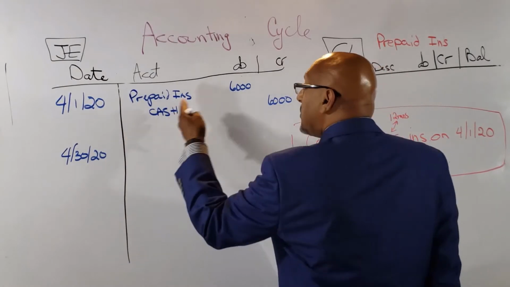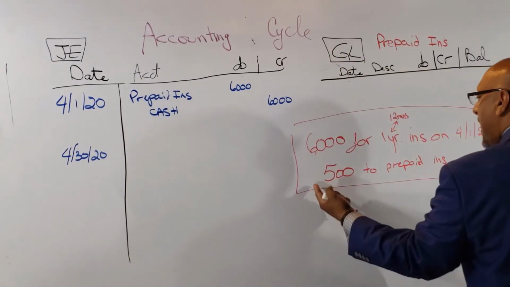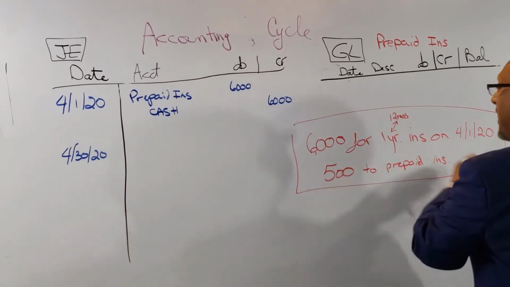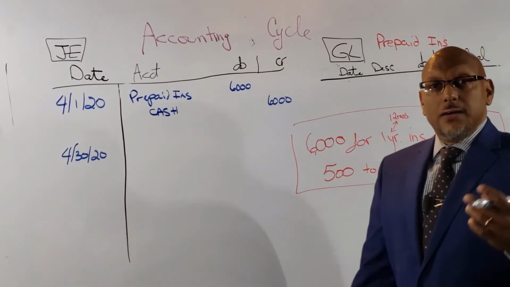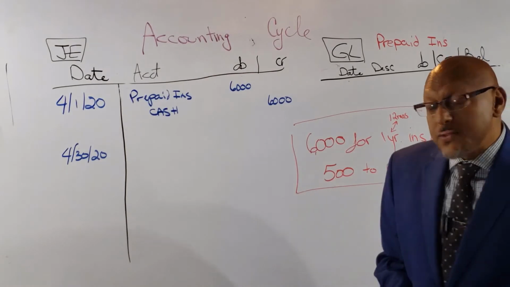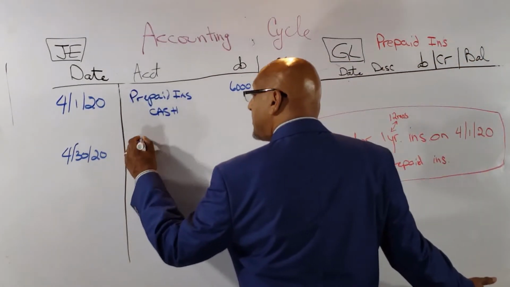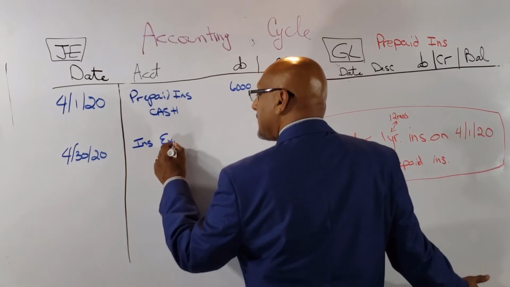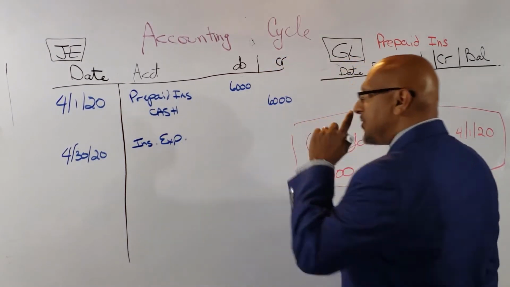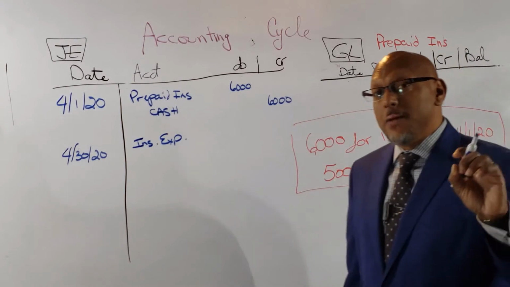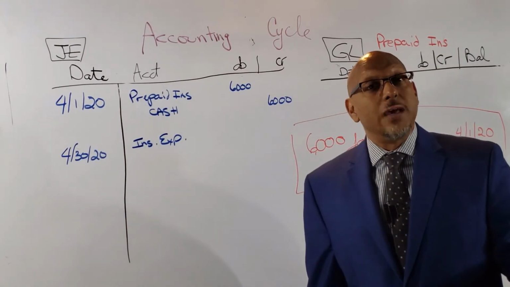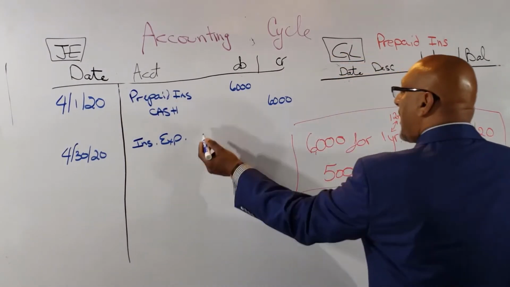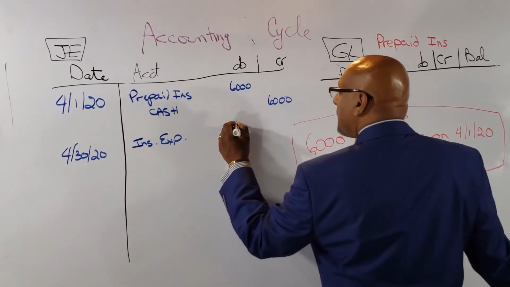We have to adjust now that we have exhausted 1 month of insurance. So what do we have to do? Well, we're going to use a new account called insurance expense. Insurance expense, we're going to debit. Generally, we always debit expenses. So the expense is going to be debited by how much? The $500.